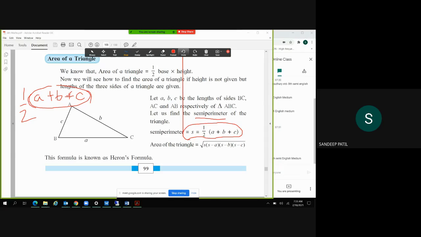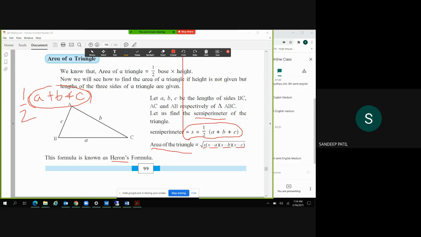So what is the area of the triangle? This is Heron's formula. If only the sides are given, then how to find the triangle's area? It is the square root of S into (S minus A) into (S minus B) into (S minus C), where S is the semi-perimeter.